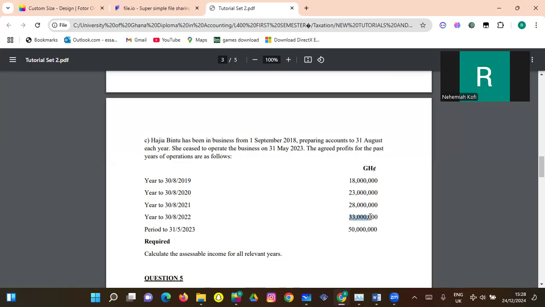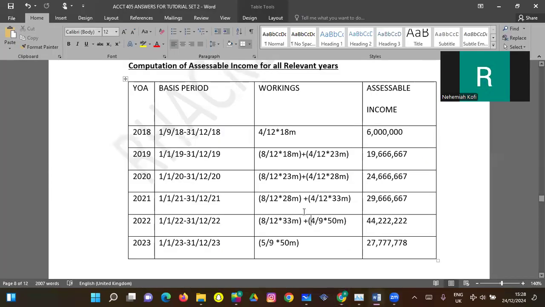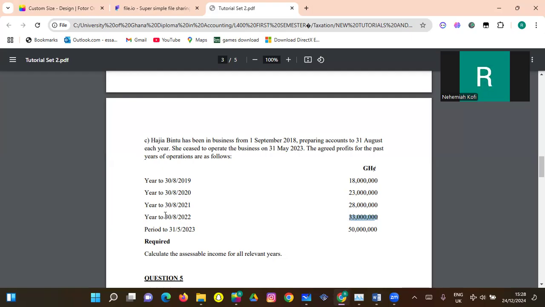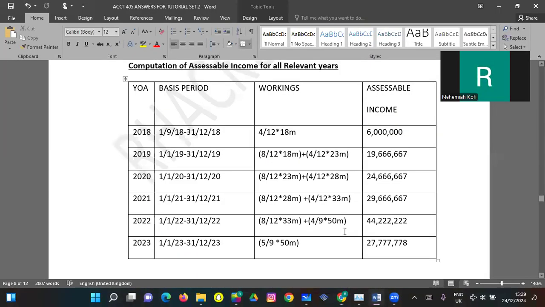Now it will be left with what? 4 months for the next listing. So 4 months times the 50 million. Remember, the next one is only 9 months because it is from 30th August up to 31st May. That's why here it's changed to 4 over 9, because it was only 4 over 9 months.